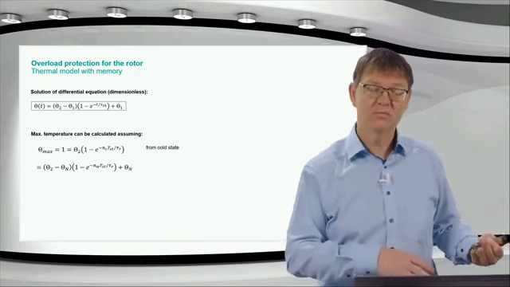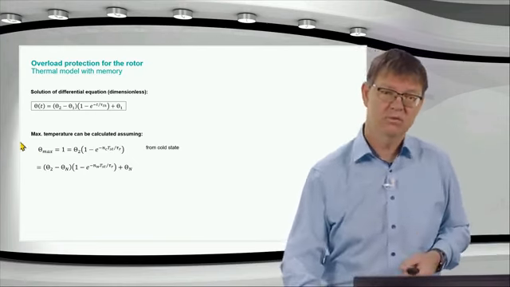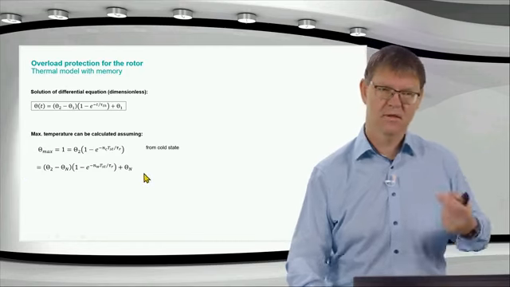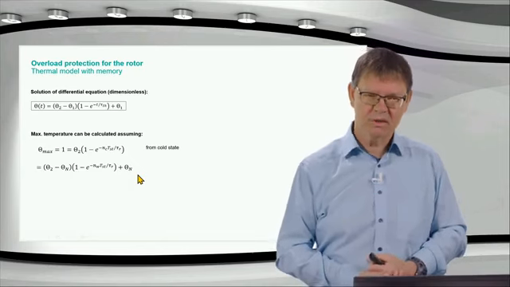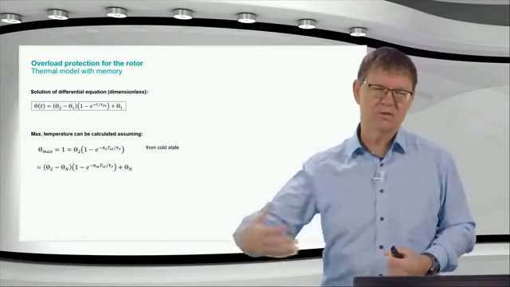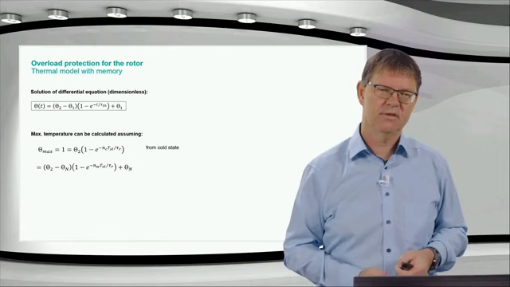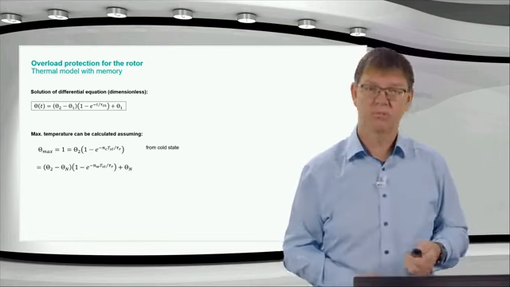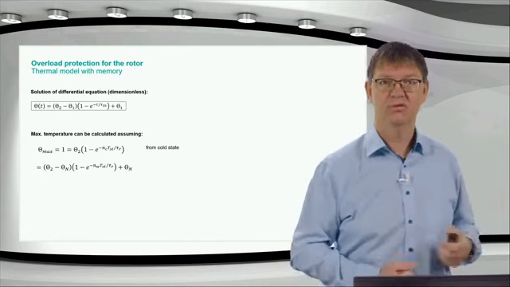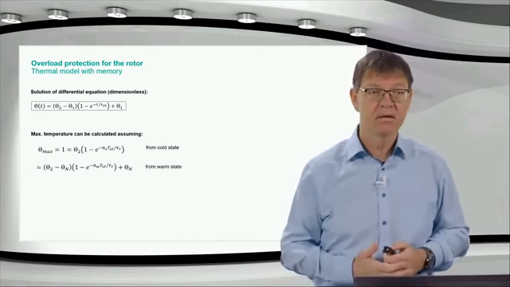I have n warm starts from the warm situation, and you see here now the warm state is nothing else than θn. That means the motor is running with a nominal current, and then I have a steady state temperature situation, and then I have the operating temperature or the warm state temperature of the rotor. So I'm talking only about the rotor here.